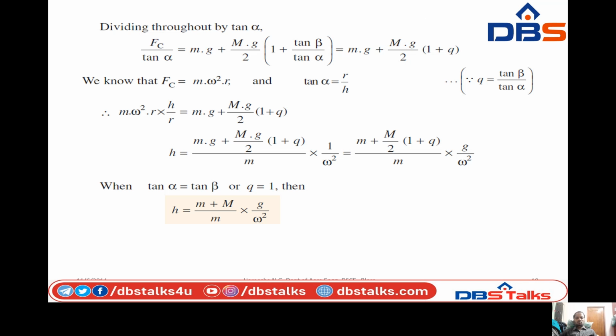So H is equal to m plus capital M by 2 into 1 plus Q by 2, m into g by omega square. So it is not related to the speed, that is only related to angular speed.